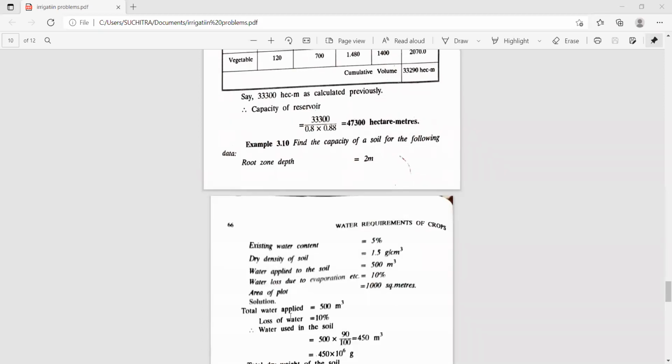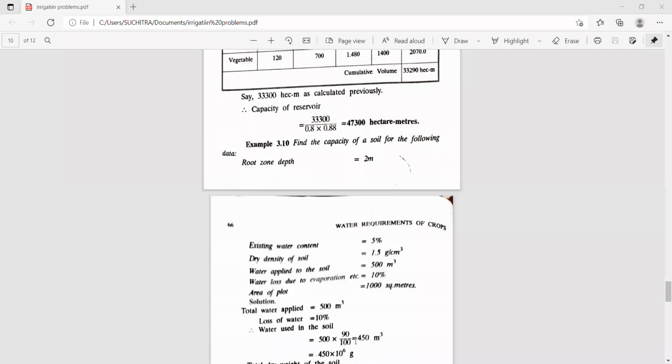The total water applied to the soil is about 500 meter cube, and the water lost due to evaporation is about 10%. So the water effectively used in the soil is about 450 meter cube, because 10% is the evaporation losses. If you take out 10% from the total water supply, the water beneficially used or stored in the soil is about 450 meter cube.